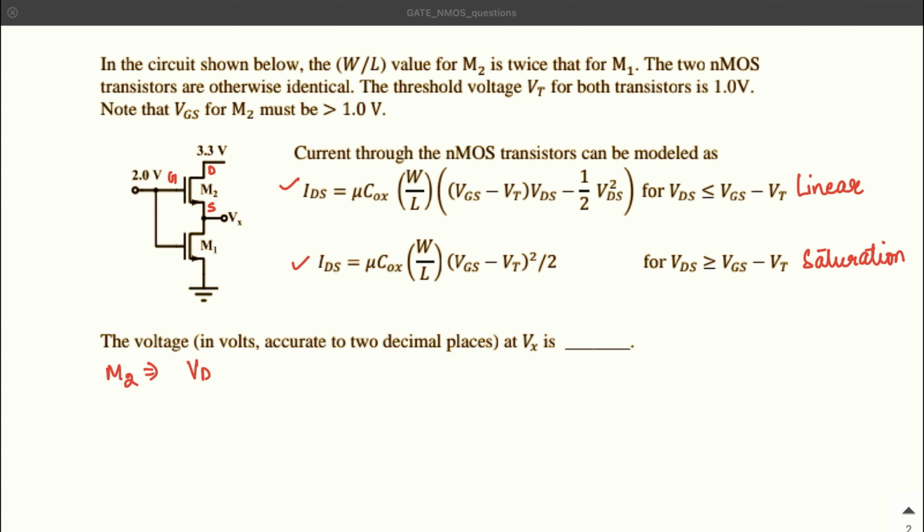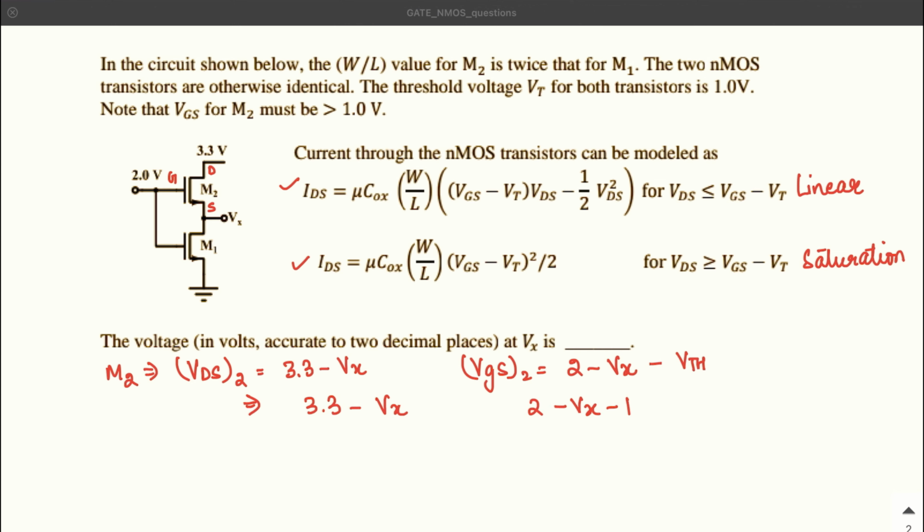Depending on this, we can find out the value of VDS for this second transistor. This is 3.3 minus Vx, and VGS is equal to 2 minus Vx. Now, if you consider the effective voltage, then you need to subtract the threshold also from here, which is given to you as 1 volt. So actually we are trying to compare 3.3 minus Vx and 2 minus Vx minus 1, which is 1 minus Vx.